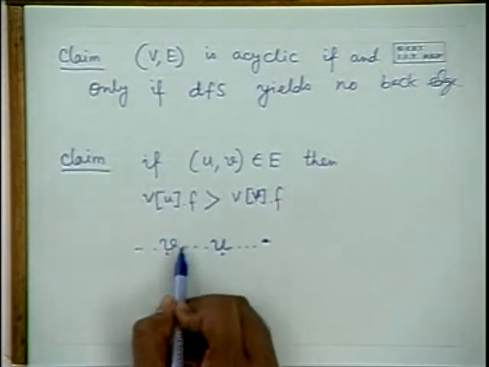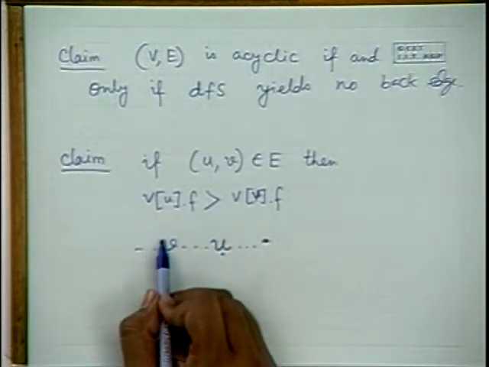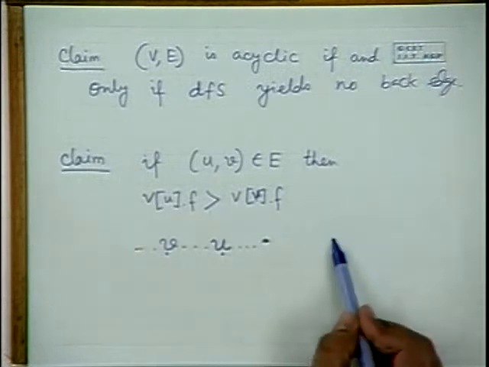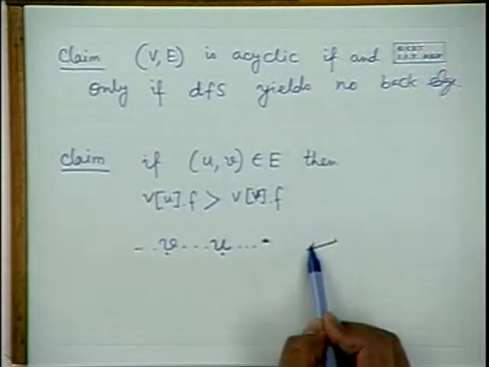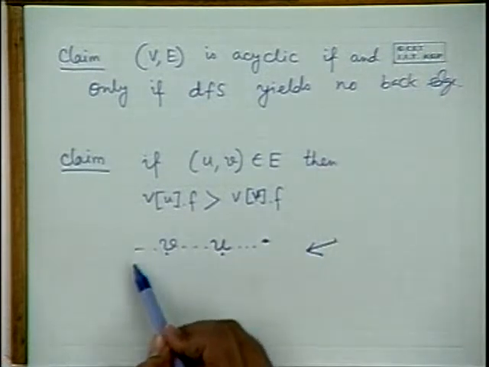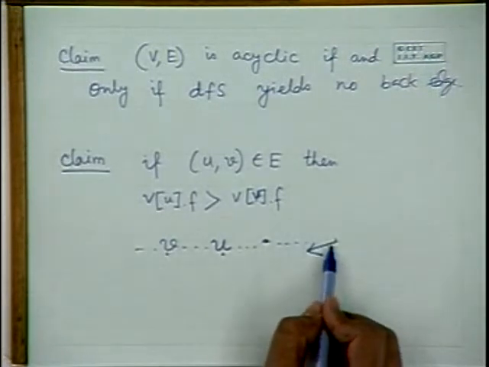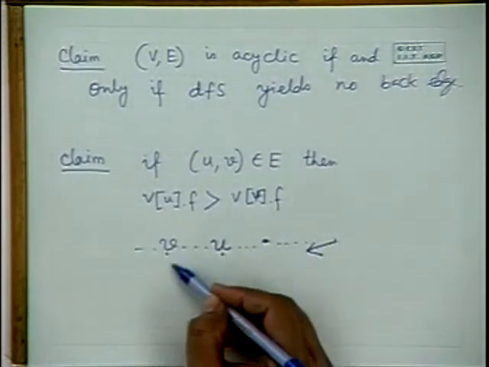So if I have outputted this way, there can be an edge from U to V only. It means the topological sort ordering is in this direction. It gives you one ordering which is consistent with the condition of topological sorting. If you go back to the definition of topological sorting, you will see this is consistent.